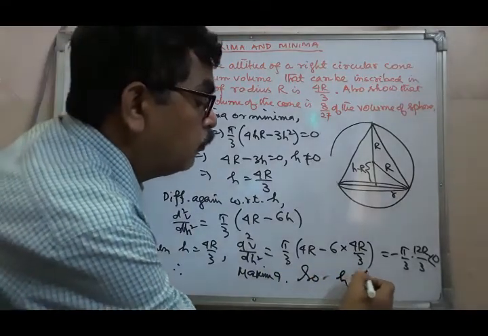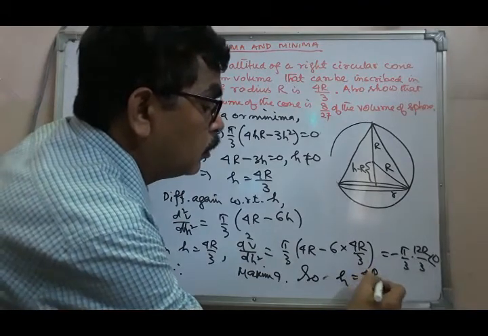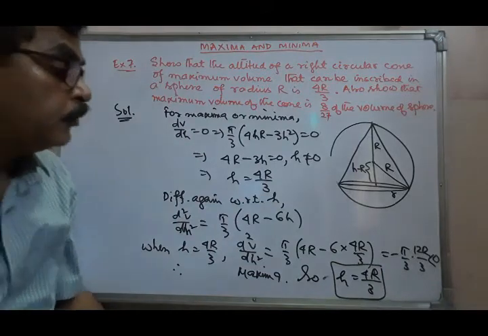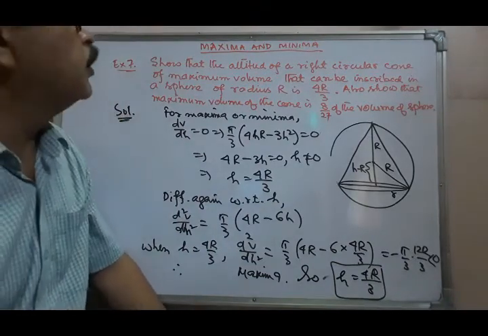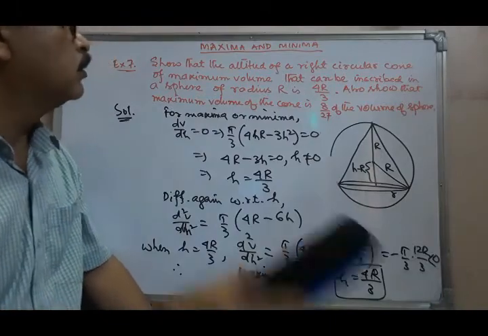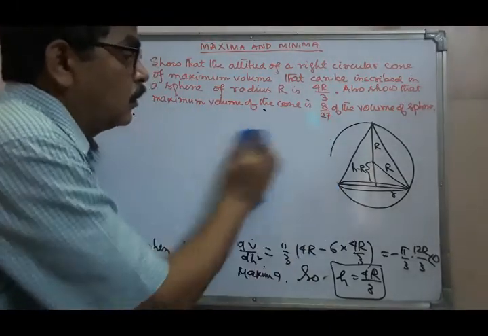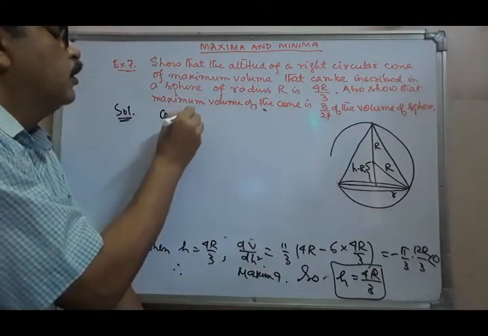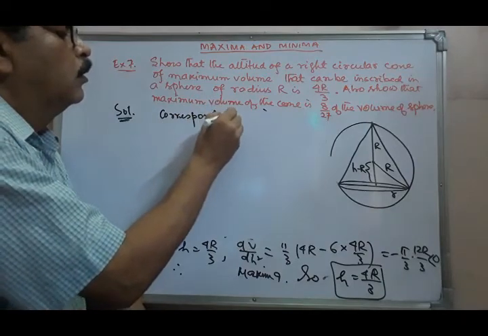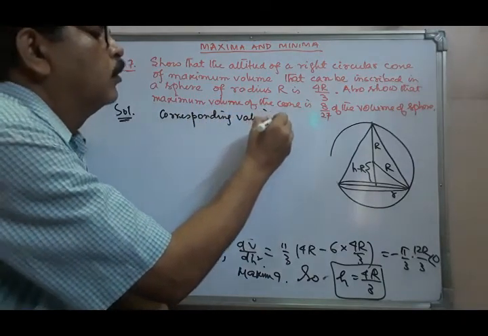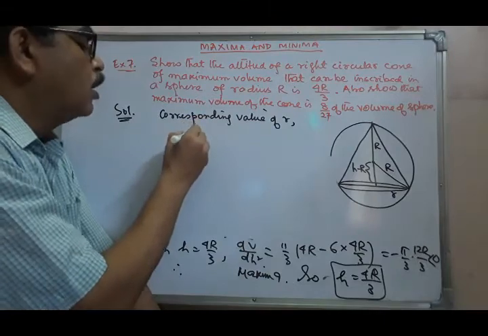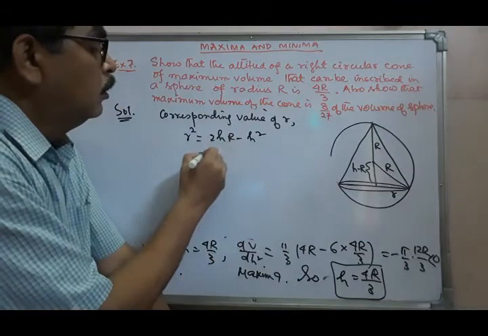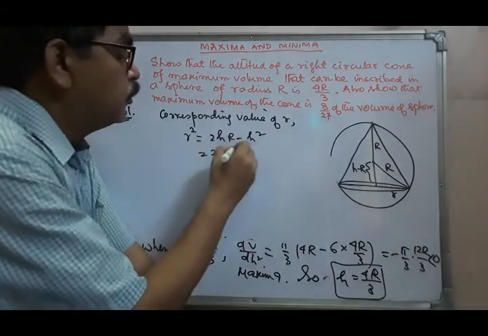So h equal to 4R by 3. Now we have to find the ratio of the volume of the cone and the sphere. So before that, find the corresponding value of r from r square equal to 2Rh minus h square, with h as 4R by 3.